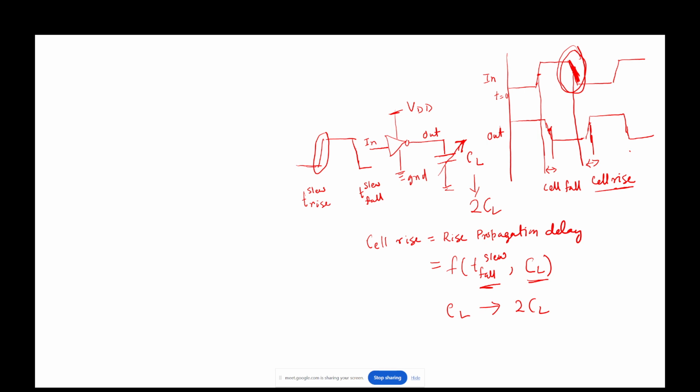How much it increases will depend upon simulation, the load, the slew, all these conditions, but cell rise will increase.